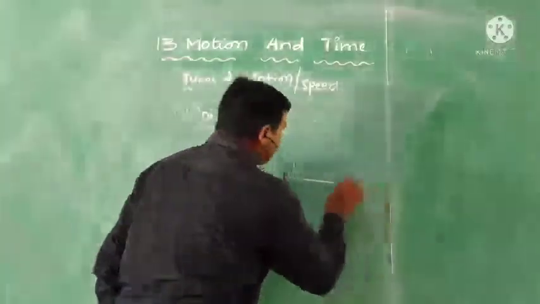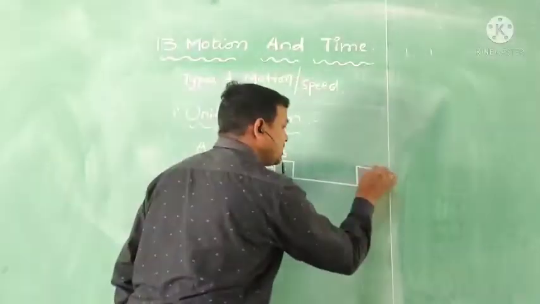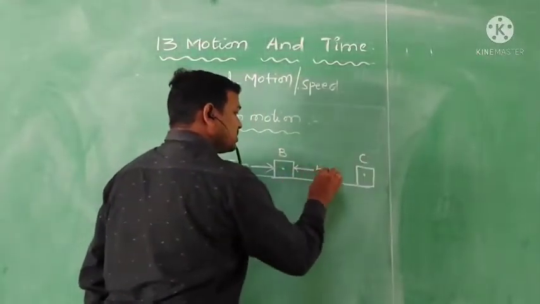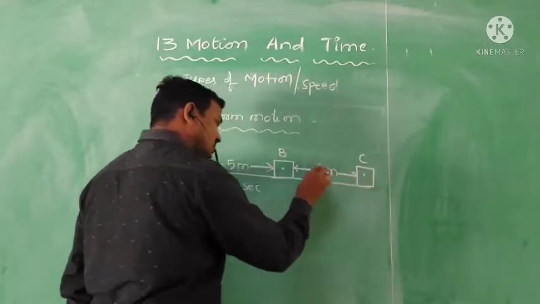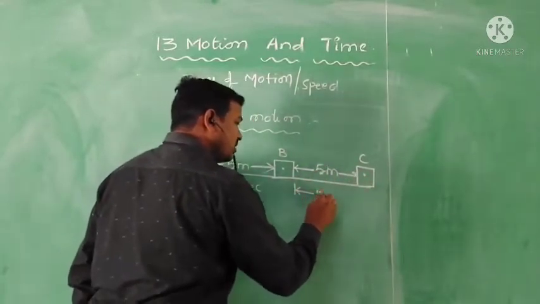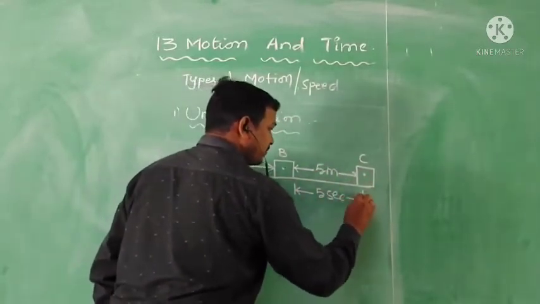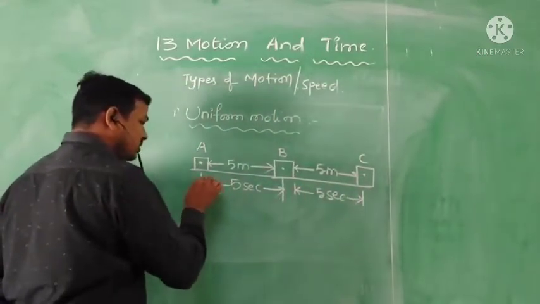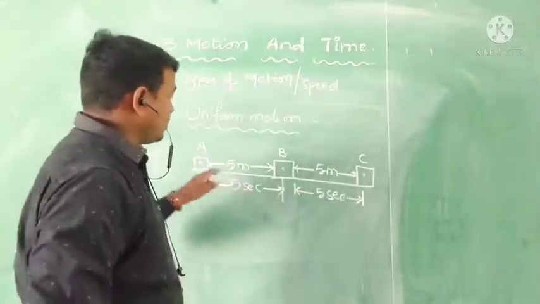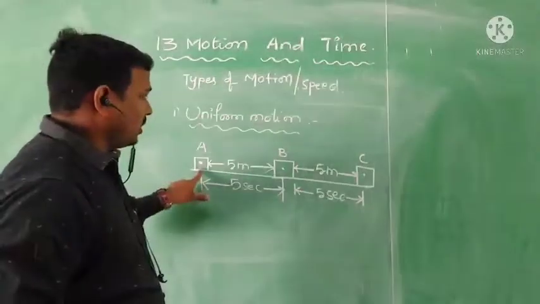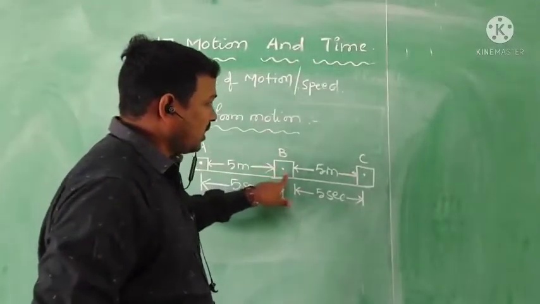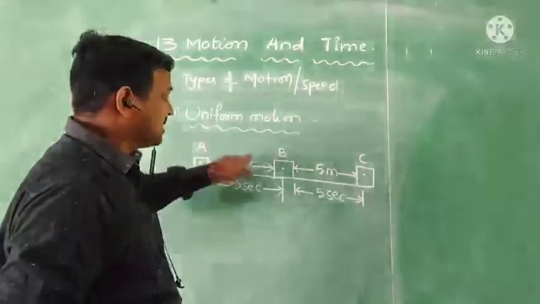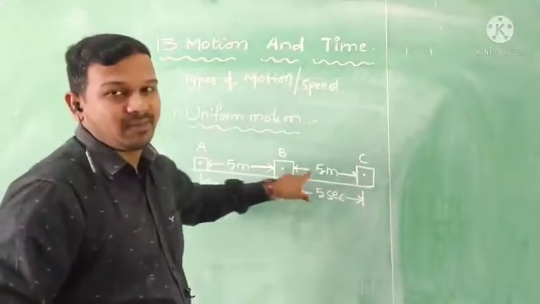Later, again he started from B and reached the point C, of the same distance of 5 meters. For this distance also he took 5 seconds of time. By seeing this diagram you can say the person started from point A, reached point B, later reached point C, of equal distances, 5 meters and 5 meters.